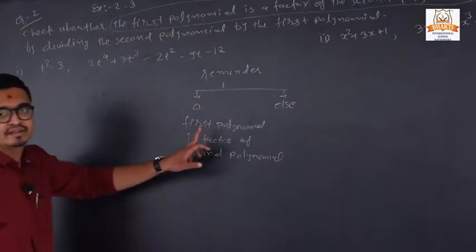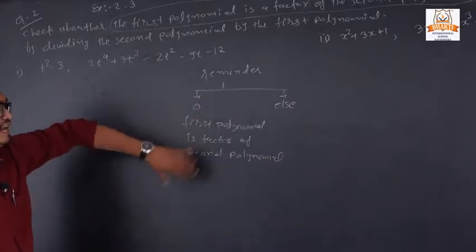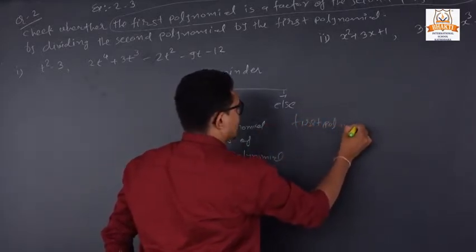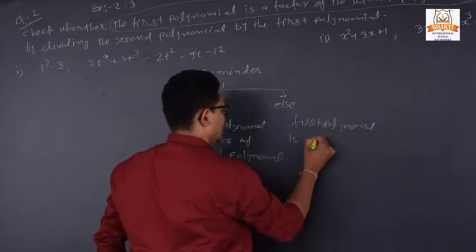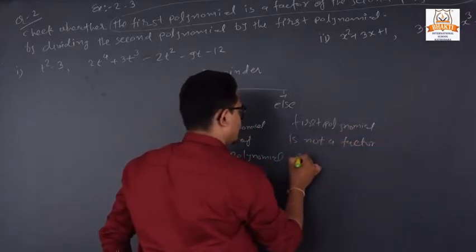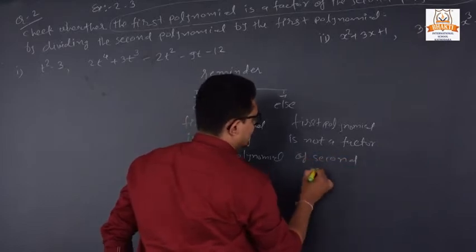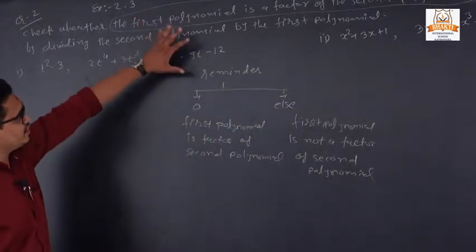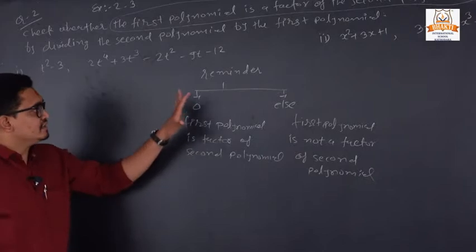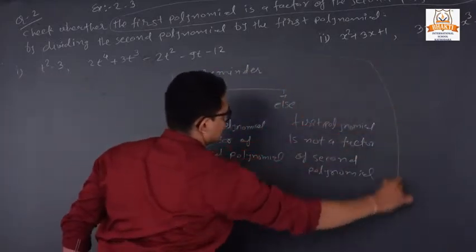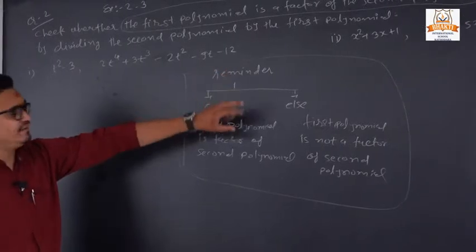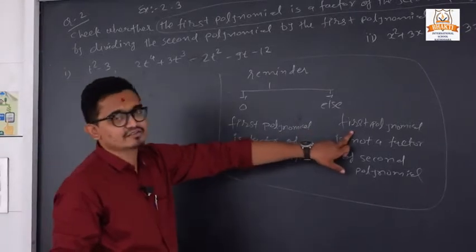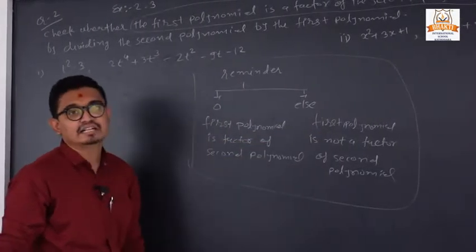And if we cannot get remainder as 0, we can say that the first polynomial is not a factor of the second polynomial. For that, you need to remember only this. This is our chart. If we get the remainder as 0, it is a factor of the second, and if we cannot get remainder as 0, the first polynomial is not a factor of the second polynomial.